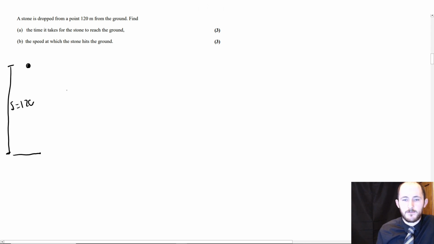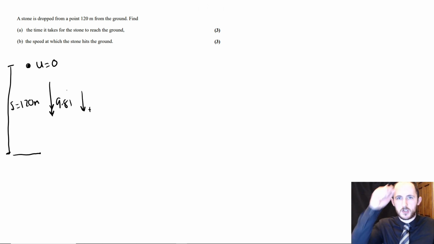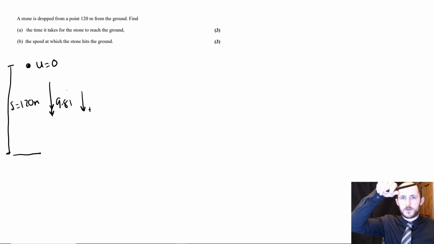If you know that, you can work out literally everything else, which is why it's so impressive. So the acceleration is obviously a, so 9.81. I'm going to take downwards as positive because we're dropping something. If we're dropping it, it means the initial speed is 0 because we're just letting go. So if we begin to drop something, it will start at 0 and then it will accelerate. And v we don't know. Time we also don't know, which is actually what we're working out for part A.